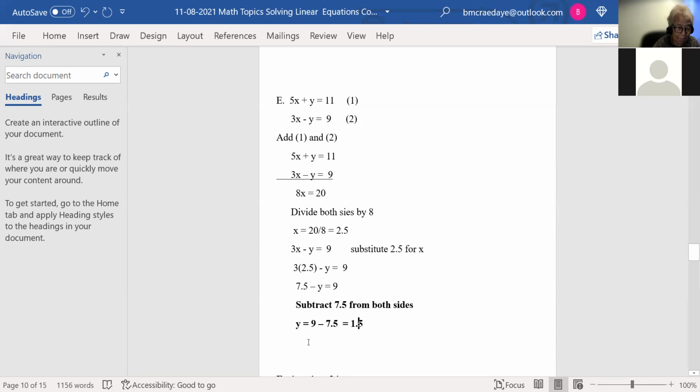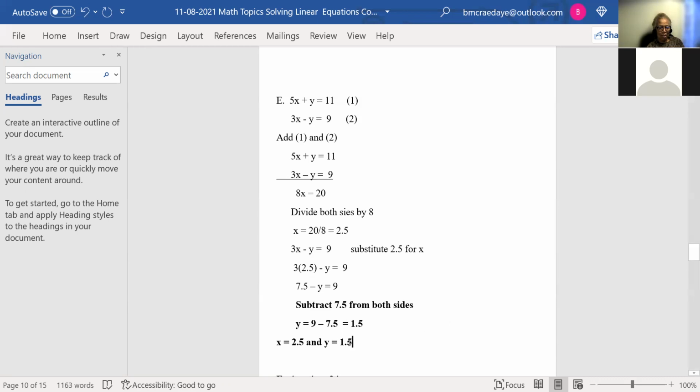So what are your answers? X was equal to what? X equals 2.5 and y equals 1.5. Okay. Now, how could we check that, Maureen?